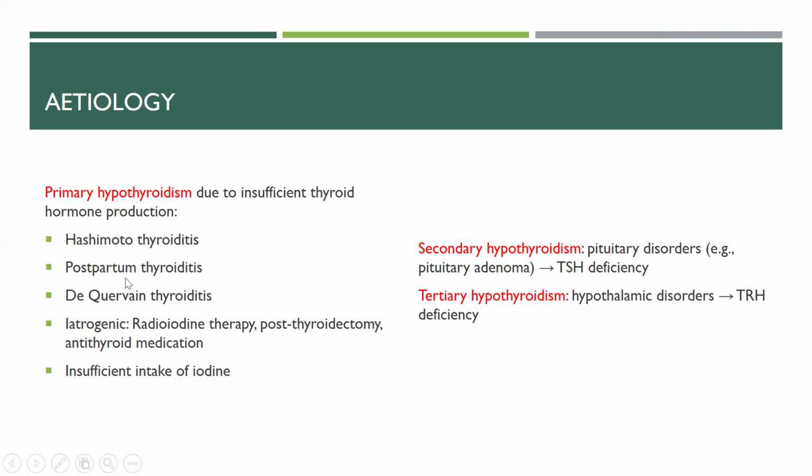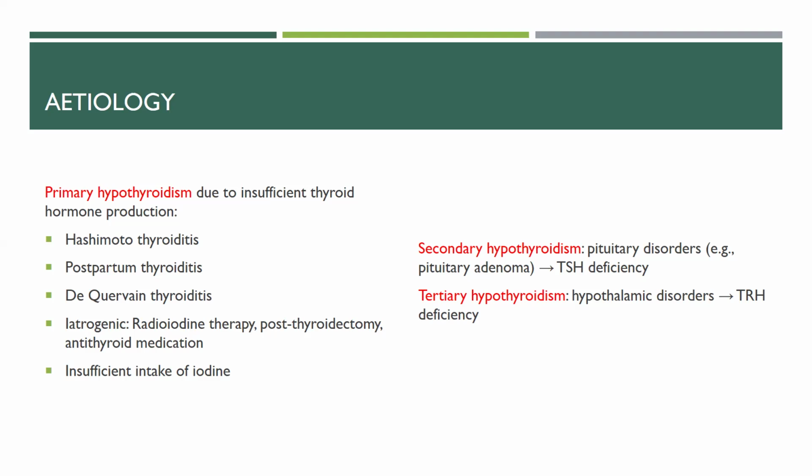Then we come to postpartum thyroiditis. As the name suggests, that usually means after pregnancy, within about 12 months postpartum. Then there's de Quervain thyroiditis, which is usually a subacute granulomatous thyroiditis, and it normally occurs after you get a flu.